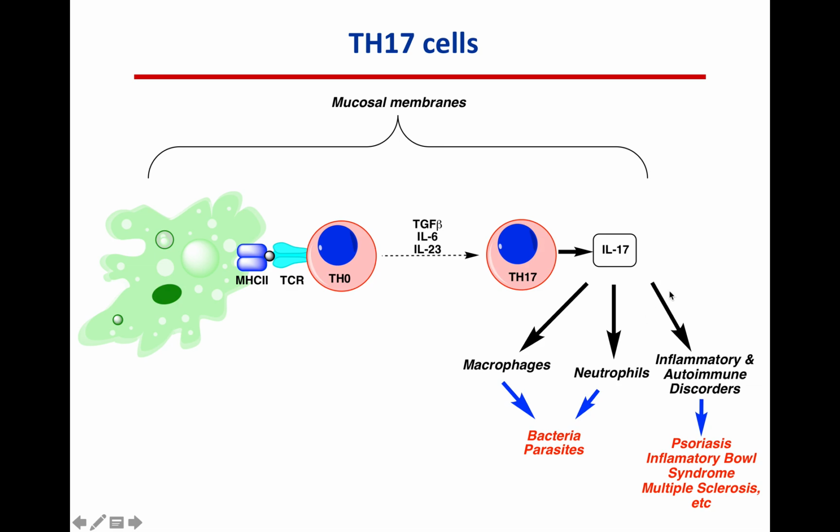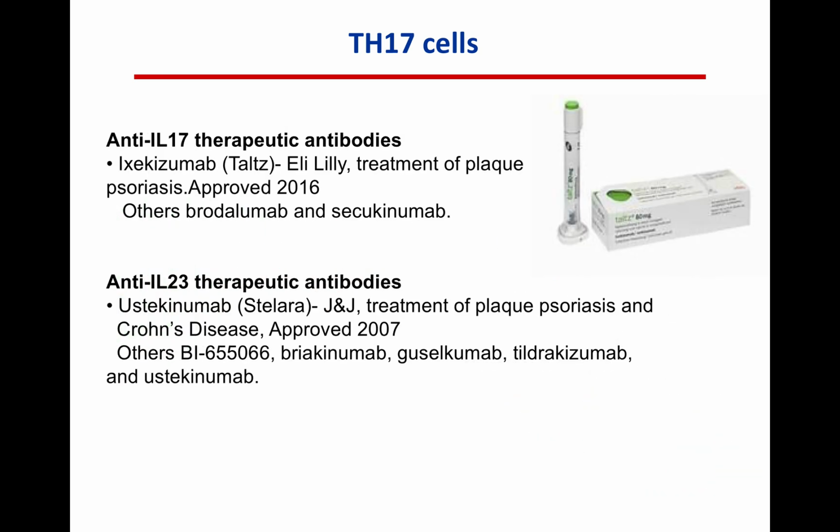And so this has turned out to be an interesting target. If you can block IL-17, in other words, if you can produce an antibody to IL-17 to remove it, then that was investigated as a possible therapy for these autoimmune diseases. And in fact, that has turned out to be the case.